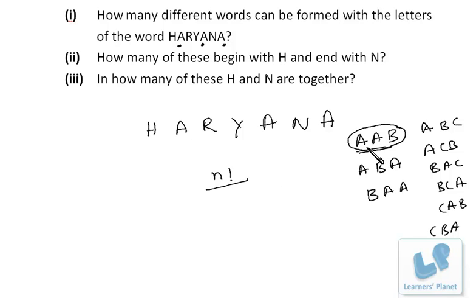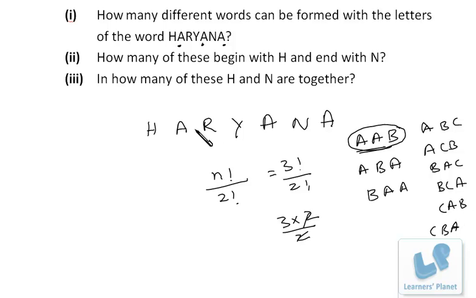In this case 2 letters are repeated, so I would divide by 2 factorial. So for this case n is 3, so 3 factorial by 2 factorial, that is 3 into 2 by 2. So 3 ways I'll be getting to arrange these 3 letters when 2 letters are repeated. Since there is no repetition in ABC, we get 3 factorial ways.